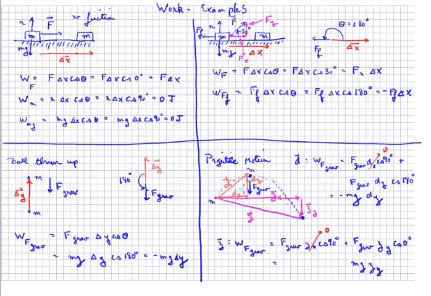So the x component times the cosine of 90, which is the angle between F grav and this, drops out, plus F grav times the y component, which would be this component right here. You can see it going up, times the cosine of the angle between the upward y component and F grav, which is 180 degrees.